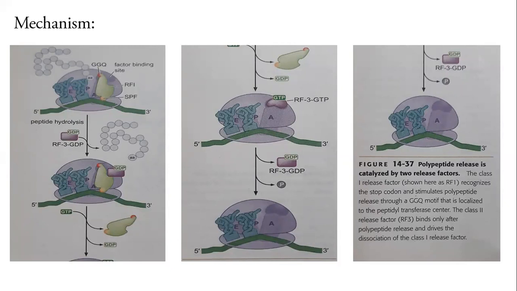The GDP bound RF3 binds to the factor binding site just above the A site, and it releases the GDP as well as the RF1 from the A site, and the GTP bound RF3 is now acting on the factor binding site of the A site.